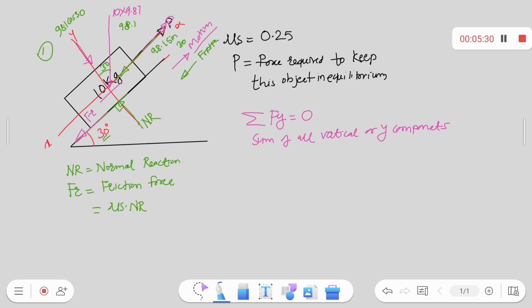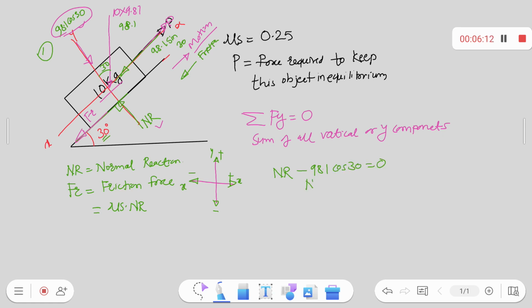How many vertical components are here? One is NR, another is 98.1 cos 30. Please remember or write down: if the arrow is upward along y, it is plus; if downward, it is minus. Towards x negative it is negative, towards x positive it is positive. As NR is upward, NR is plus, and 98.1 cos 30 is downward, so minus, equals 0.